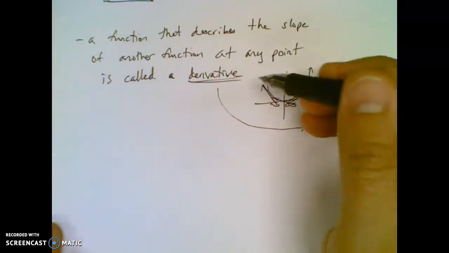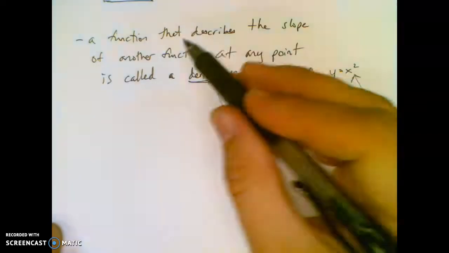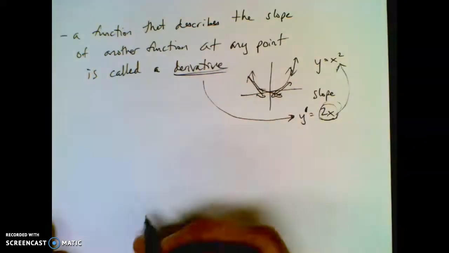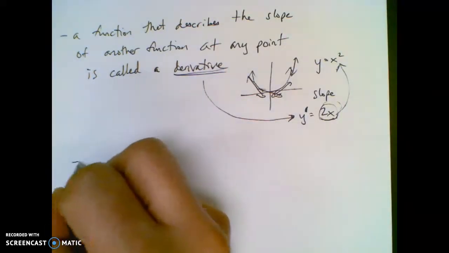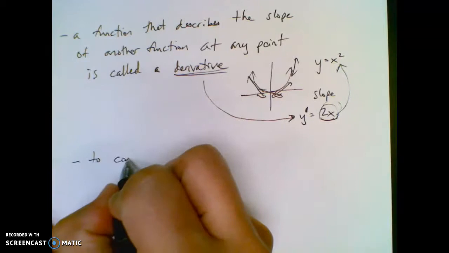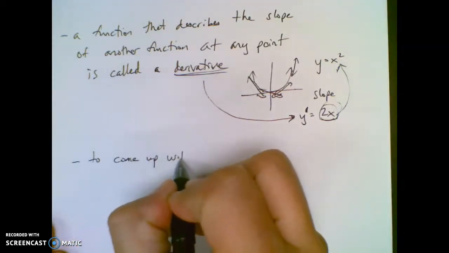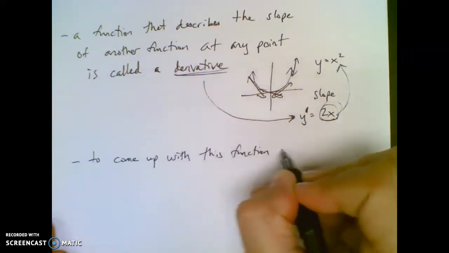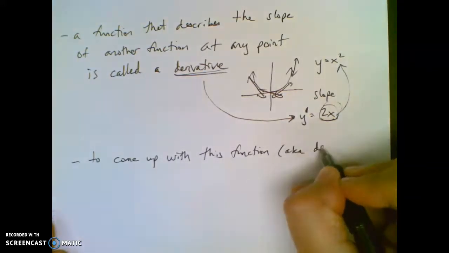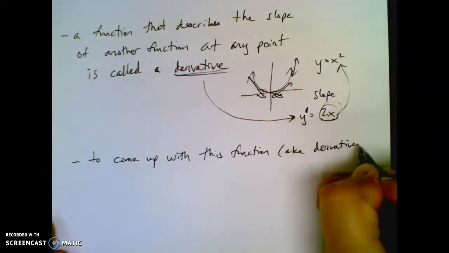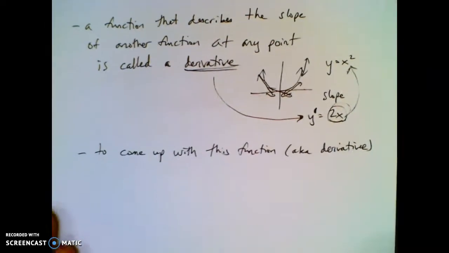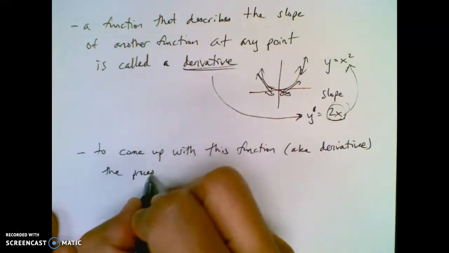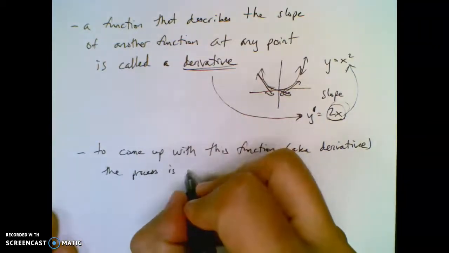In your brain, you need to know the word derivative means a function that can find the slope at any point of another function. Now, the way we come up with this function, also known as the derivative, the process is called differentiation.